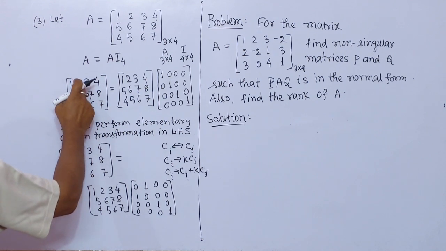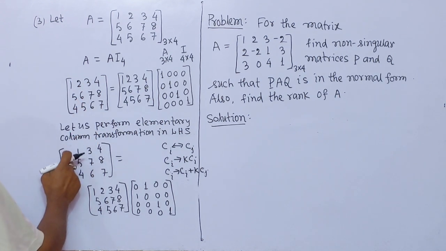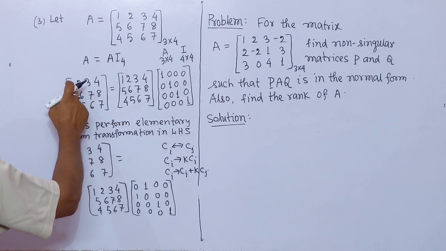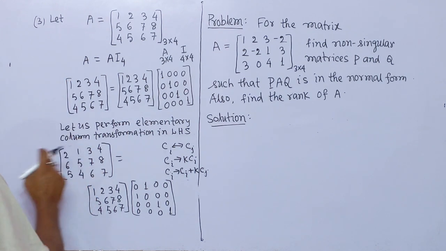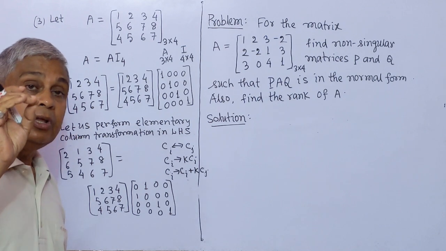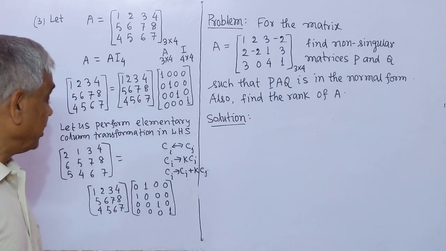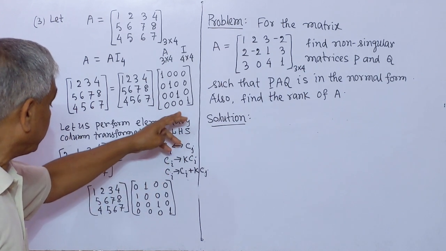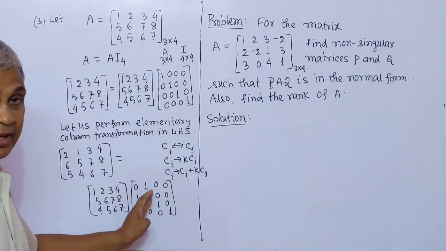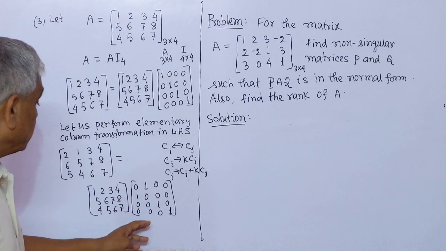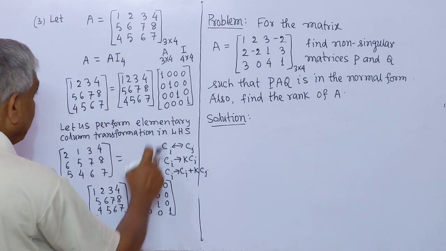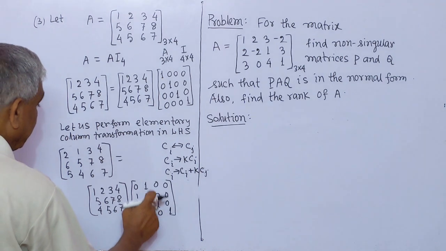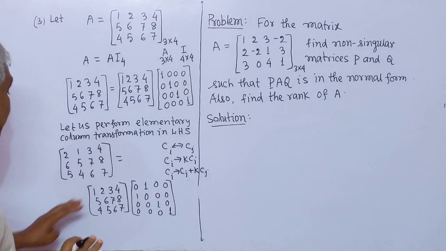We write the elements of column 2 in place of column 1, and the elements of column 1 in place of column 2. Then we interchange the elements of column 1 and column 2 in the I4 post-multiplication. So here we write the elements of column 2, and here the elements of column 1, and we will get the same result.